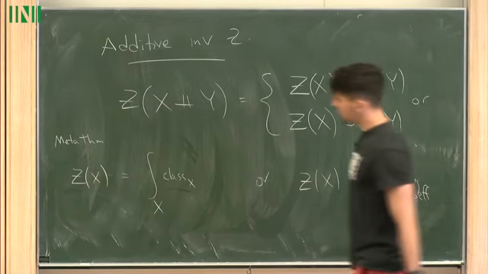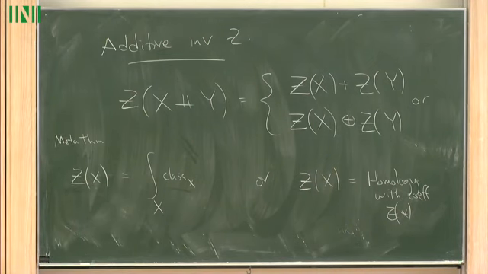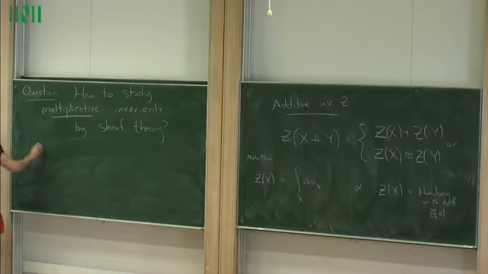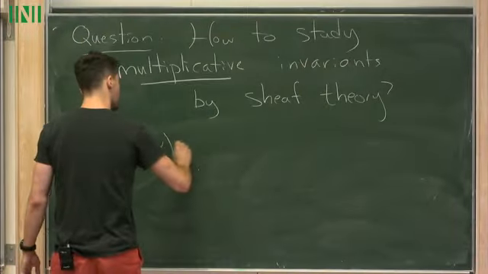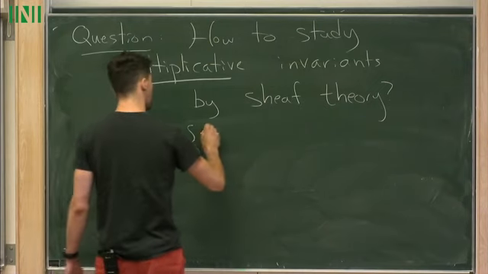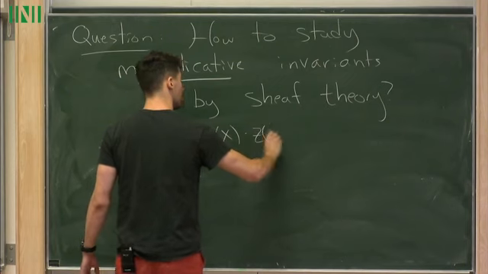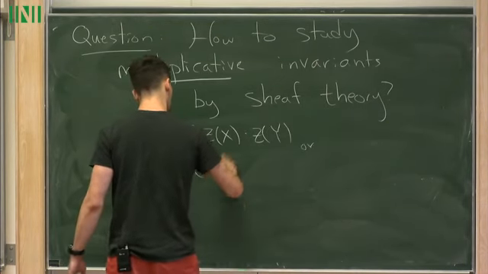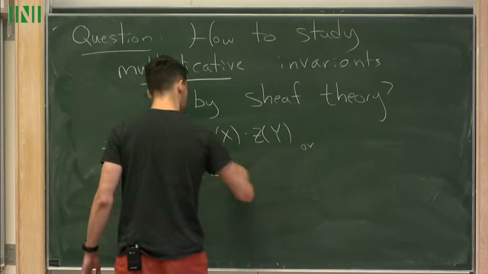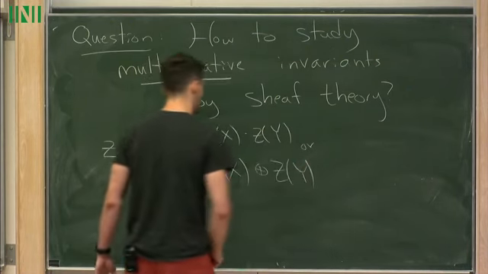So these are the sorts of things that you might hope to carry over to understanding multiplicative invariants, where multiplicative means that on a disjoint union of two spaces, the value is, if they were numbers, the product of the two, or if they were in, say, chain complexes or spectra, then the tensor product or the smash product of the corresponding values.